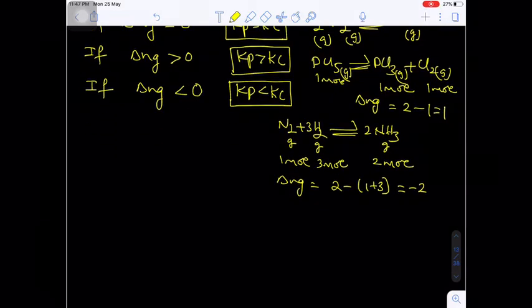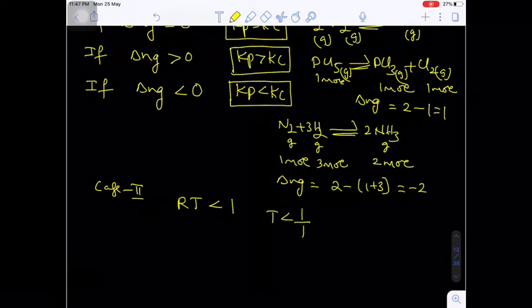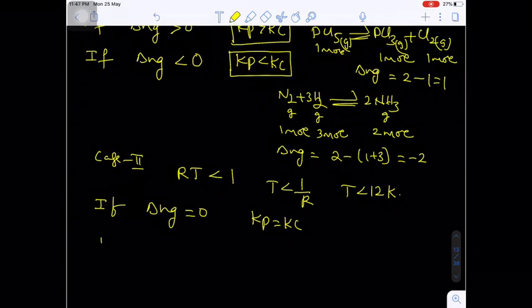This is very important. Now there is one more case. Let's suppose if the RT value is less than 1, that means temperature less than 1 by R. That means T is less than 12 Kelvin. Then if delta Ng is 0, obviously Kp and Kc are equal.